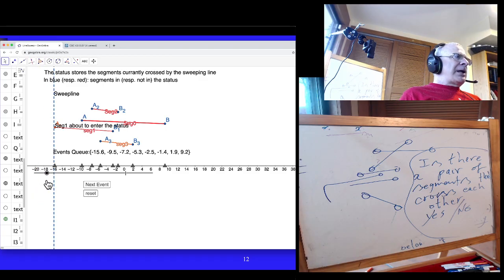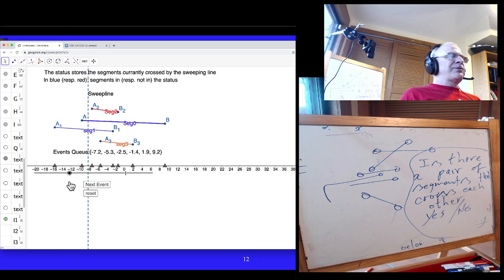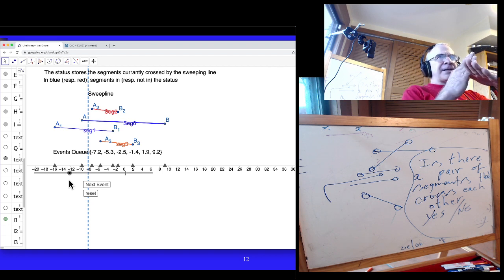In particular, for the segments which are in the status, the line sweep will ask: hey, two segments like S1 and S0, are you crossing each other at any time in the future?